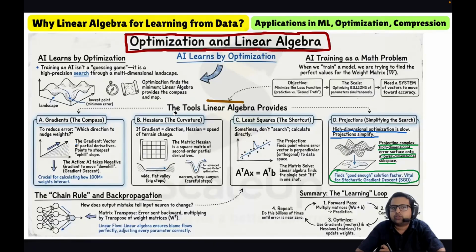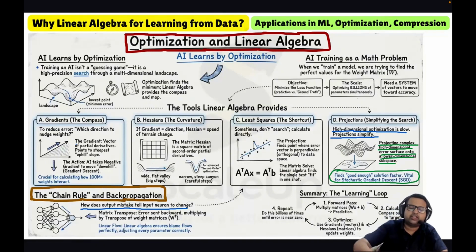So we saw the tools linear algebra provides for optimization, like the gradients, the Hessians, the least squares, and the projections. Now let us discuss the chain rule and back propagation. Now one very interesting question we have is how does the output mistake tell a neuron at the input to change?